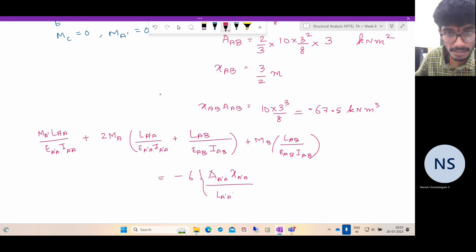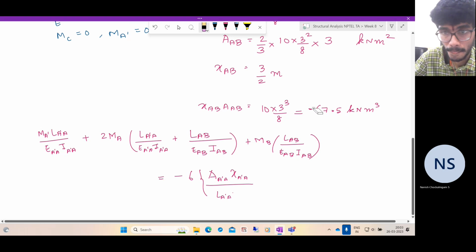Just a minute. So this XAB, it is not 67. Let me find out. 3 cube is 27, 27 by 8.